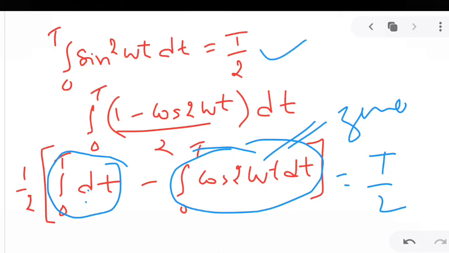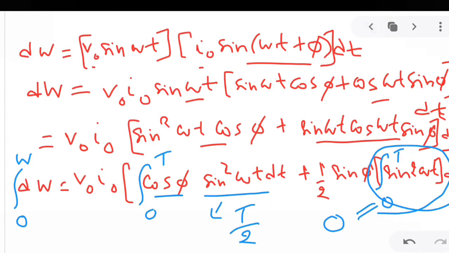So now let us go back. So we had this term as T by 2 and this term is 0.